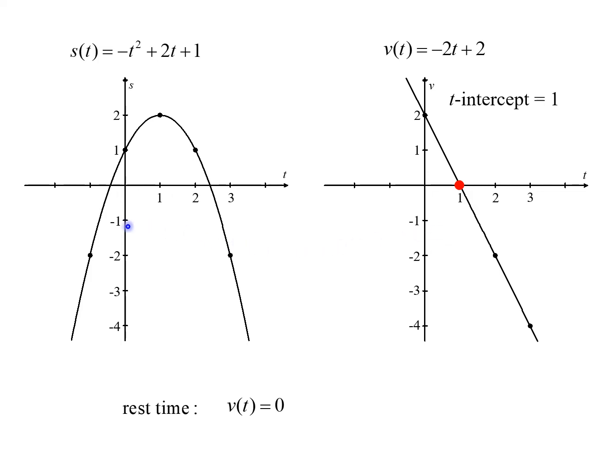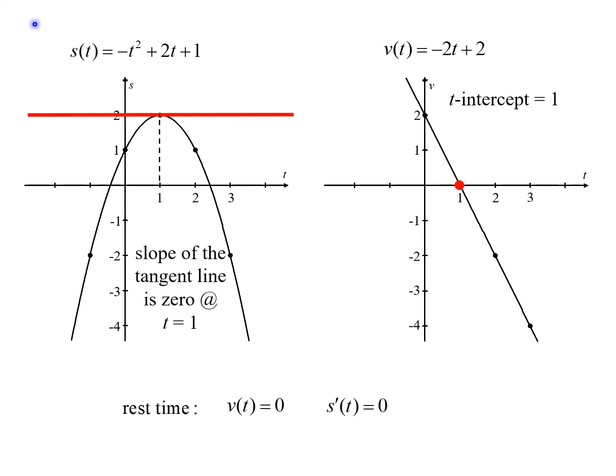Now, if you're taking a look at the position function, we'd like to know when the velocity is 0, that's when s prime is 0, and that's when the slope is 0. So slope of the tangent, do we see any points where the slope of the tangent is 0? And that would be at the very top of that parabola, which corresponds to 1 on the t-axis.